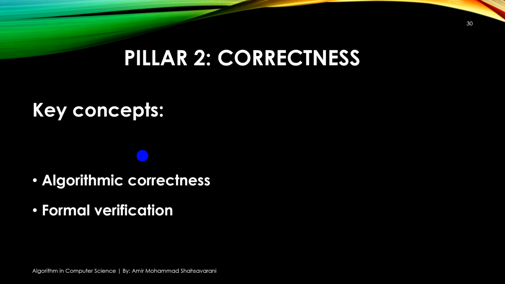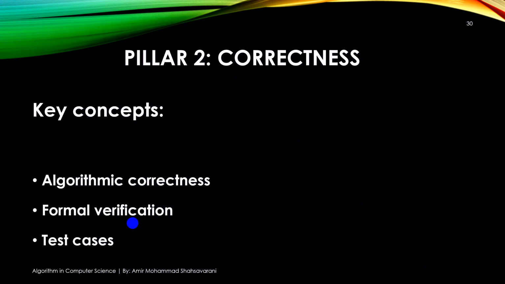Formal verification is a process used to mathematically prove the correctness of an algorithm with the use of formal methods and techniques. The third one in the category of correctness would be test cases, a set of sample input-output pairs used to test and validate an algorithm's behavior.